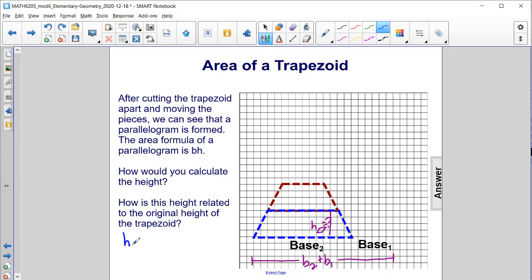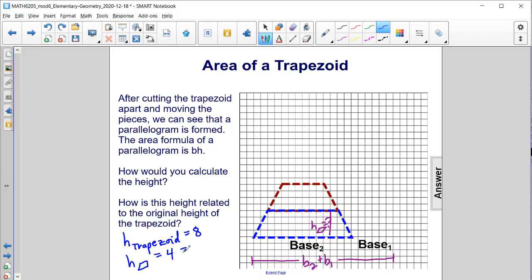The height of the trapezoid is 8. The height of the parallelogram is 1, 2, 3, 4. How are 8 and 4 related to one another? Well, this 4 is half of 8.